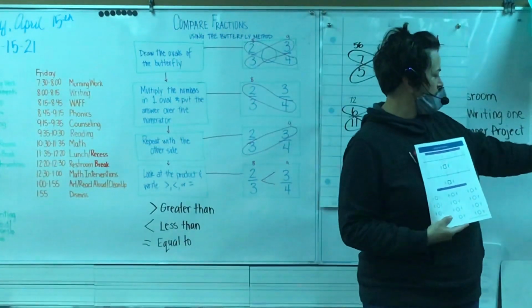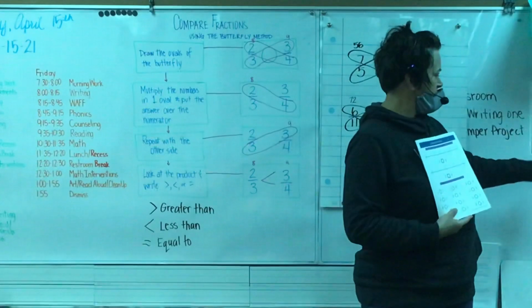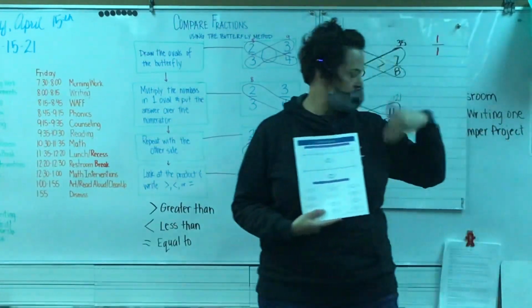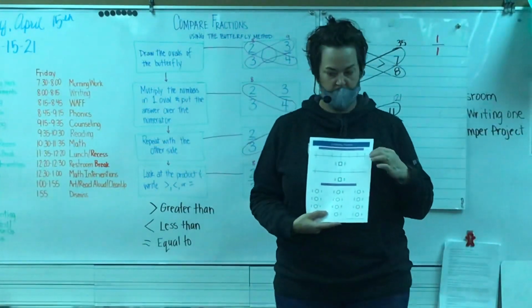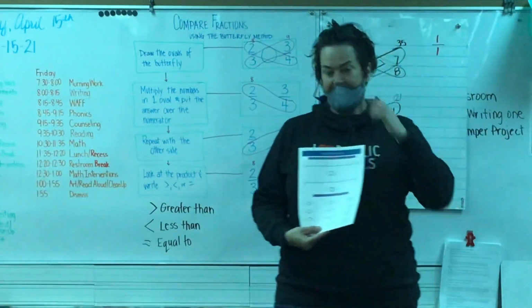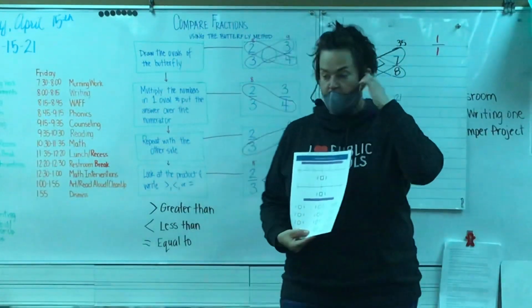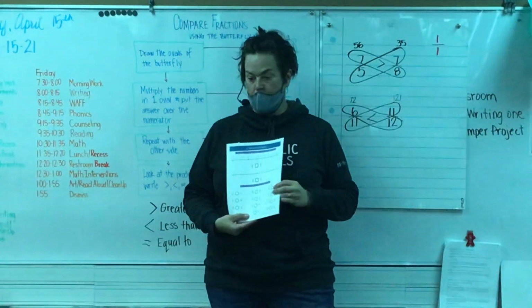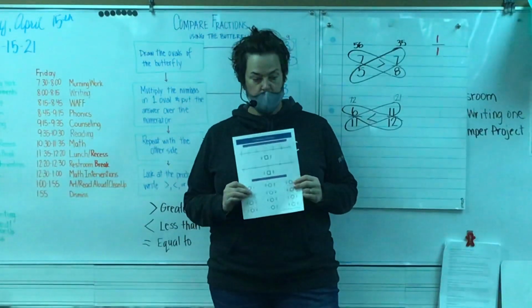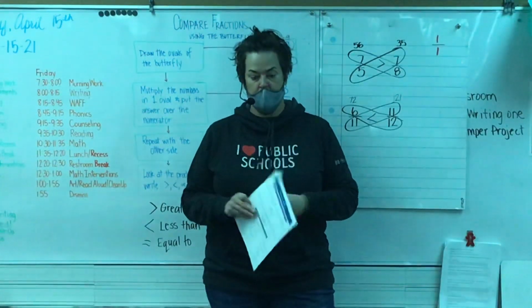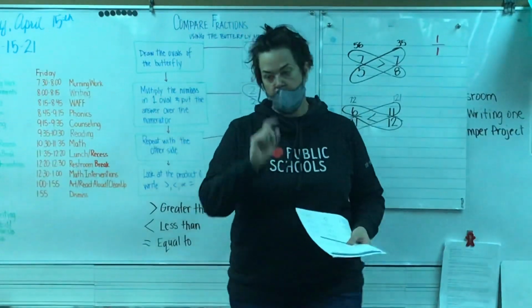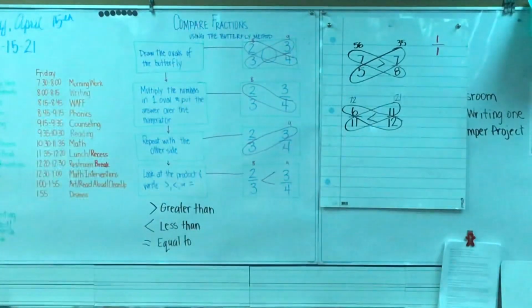Raylyn and Connor, you can be partners since you're in the loft. Haley and Reese, you can be partners since you're under the loft. Again, use your reference sheet to help you if you need help multiplying. All right? Okay, let me turn the video off here.